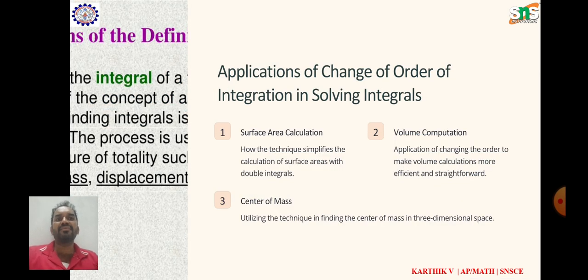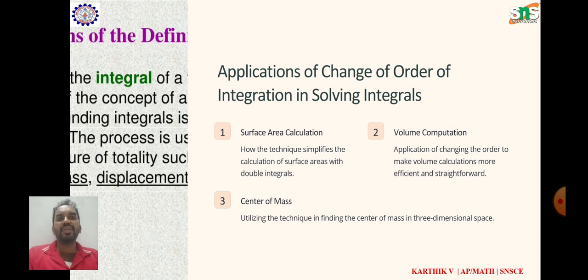Applications of change of order of integration in solving integrals. Changing the order of integration is a powerful technique that finds application in various areas. For example, solving double and triple integrals. Changing the order of integration often simplifies the evaluation of double and triple integrals. By rearranging the order, we can solve integrals that were initially difficult or impossible to solve.